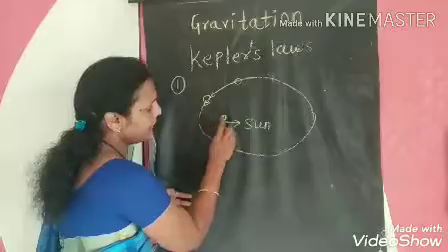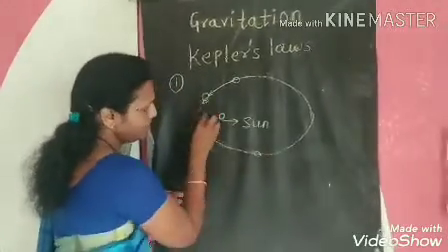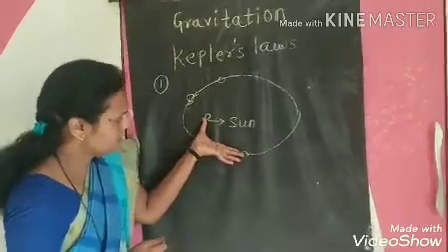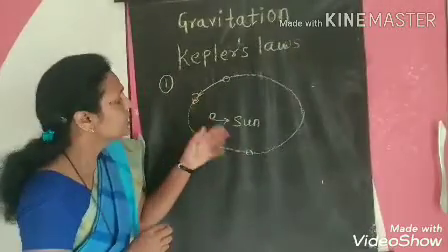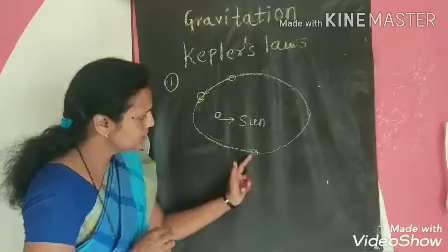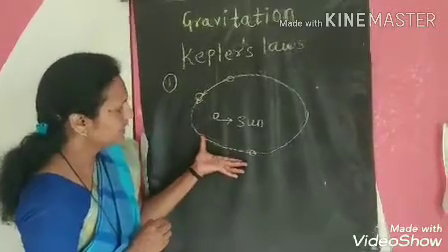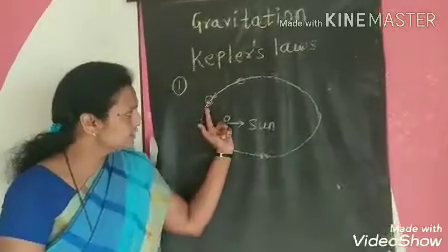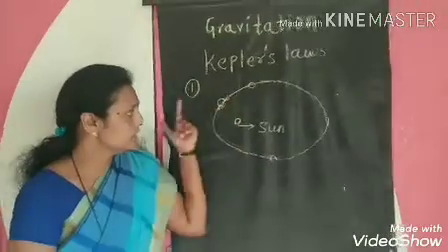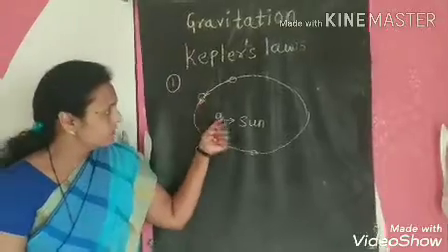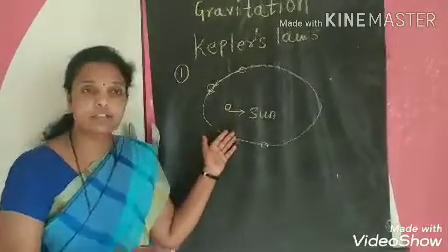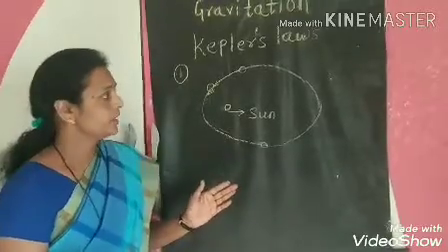And whenever the planet comes here, the distance will be maximum as compared to this, so the velocity of this planet decreases. Whenever the planet is near to the sun, the velocity is more, and whenever the planet is away from the sun, the velocity is decreased.